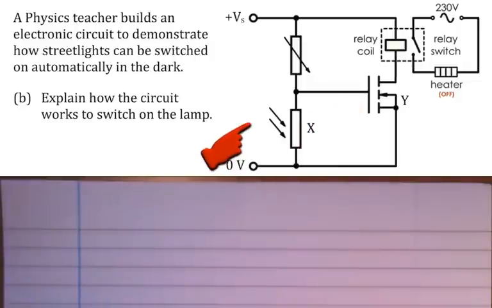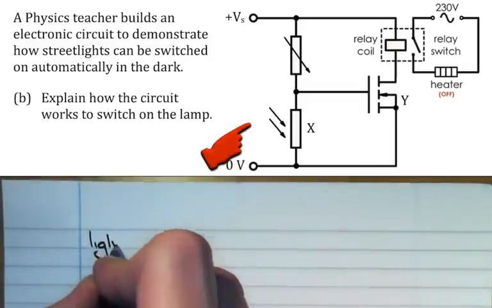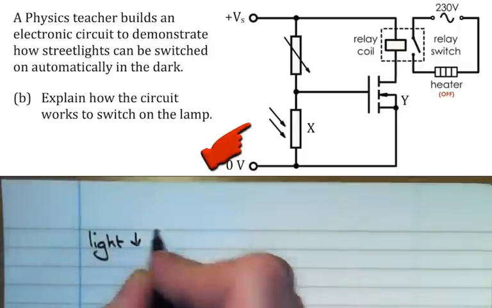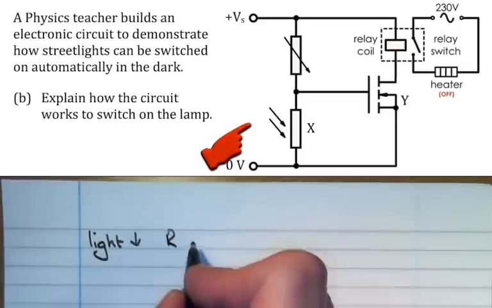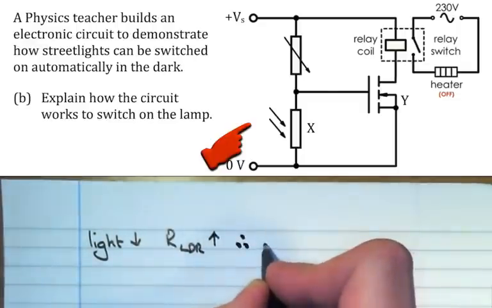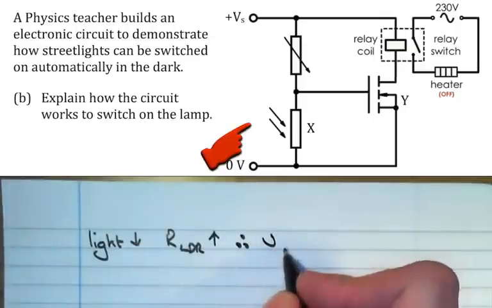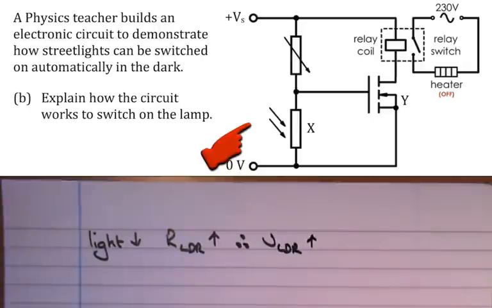So in order to get that voltage across the LDR to increase, you want its resistance to increase. Its resistance is going to increase in the dark. So when the light level goes down, the resistance of the LDR increases, and therefore the voltage across the LDR would then increase, and when that voltage is above a certain value, this MOSFET would then conduct.